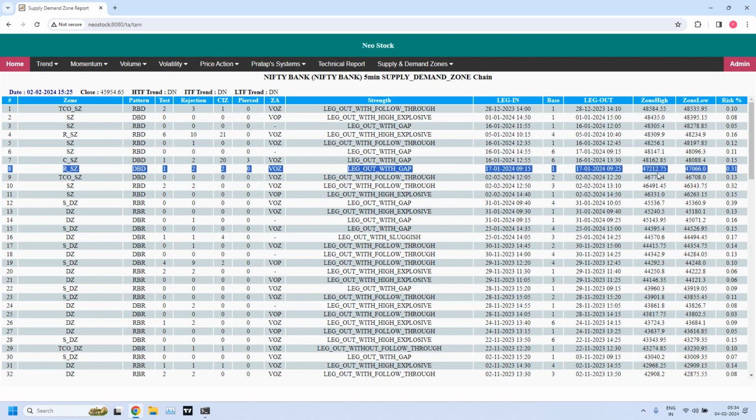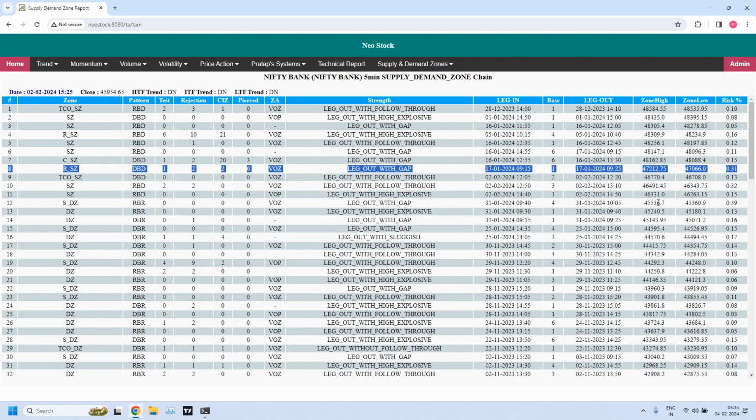This will act as a resistance for some time. That means your prices, Bank Nifty, might move for some time during this coming week between 45,536 and 47,212. Sorry, 47,666.